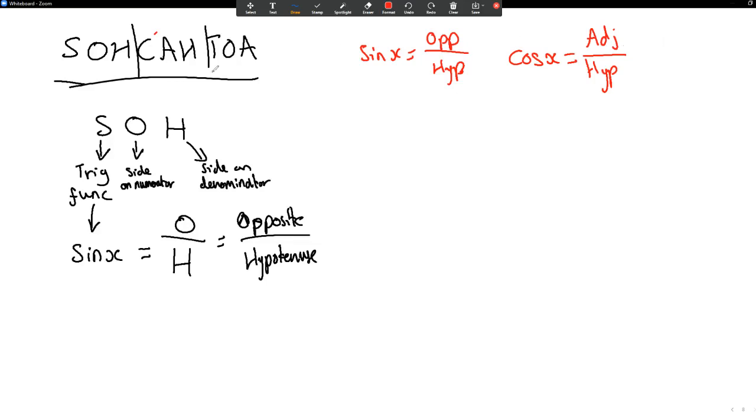Now, finally, TOA is tan x equals the numerator, which is O, or opposite, over the adjacent. And now we have these three formulae.